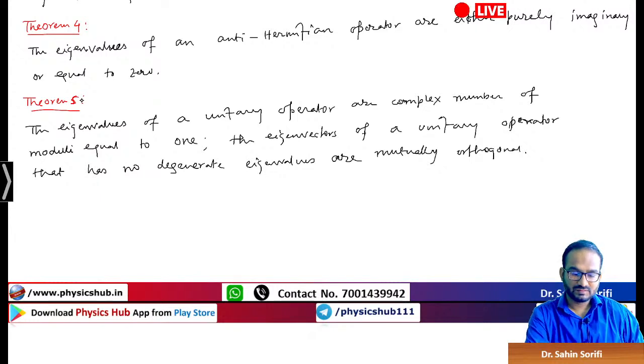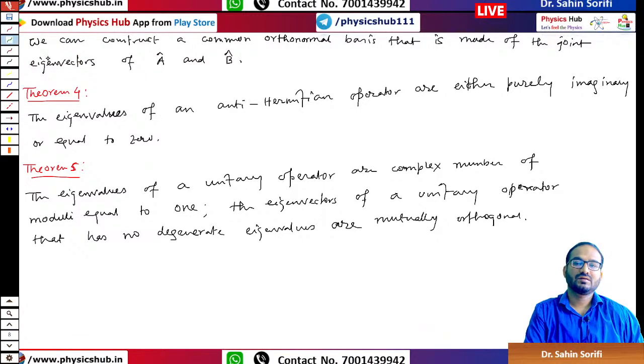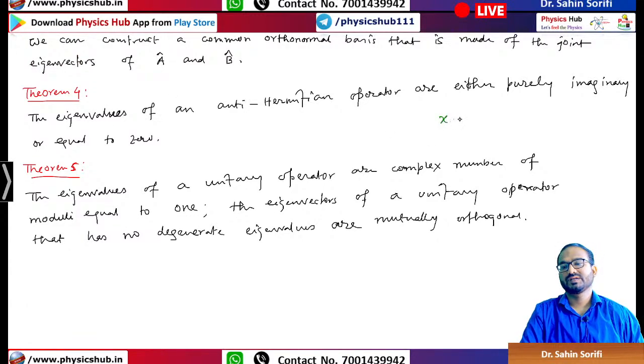If there is a real part also, it is called a complex number, because you have told that there is a term called purely imaginary, so I don't understand the difference between imaginary and purely imaginary. Yeah, so a complex number in general, what is the form of a complex number? It is x plus iy, right? This is the real part of a complex number, and this is the imaginary part of a complex number. In general 2 plus 3i will be a complex number.